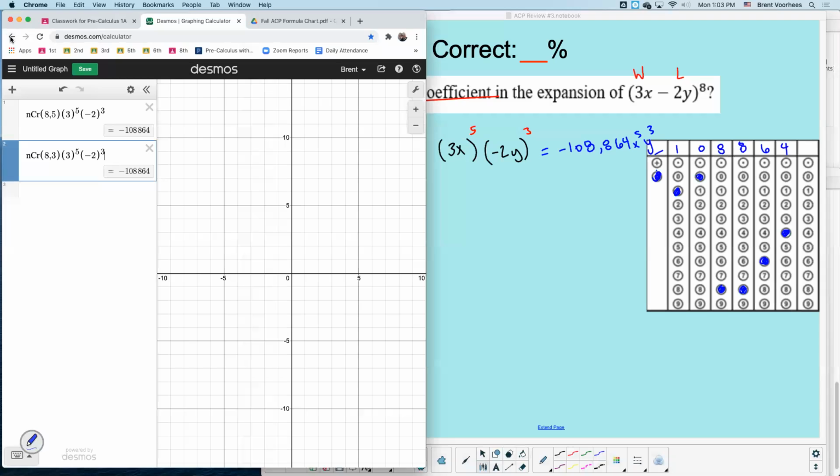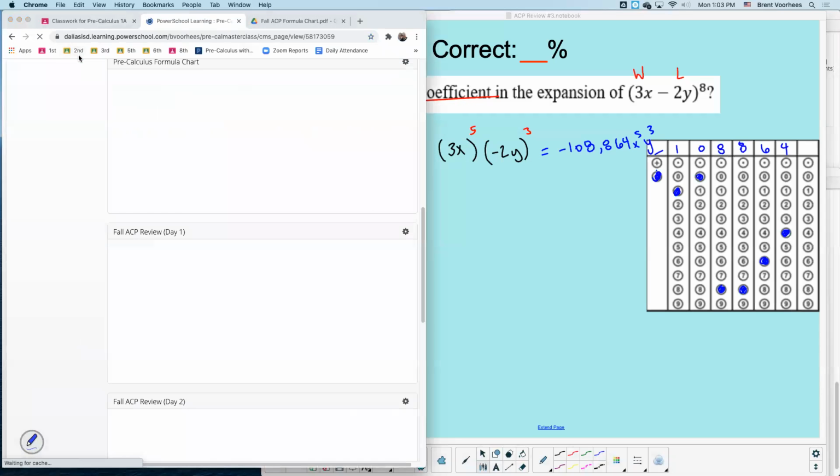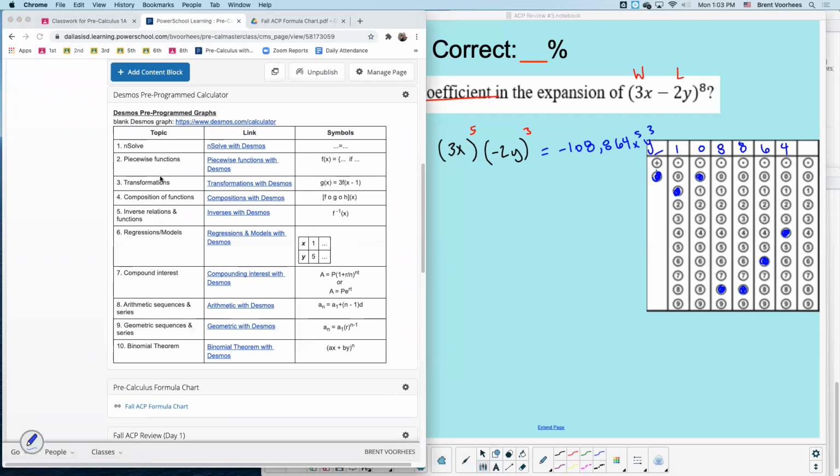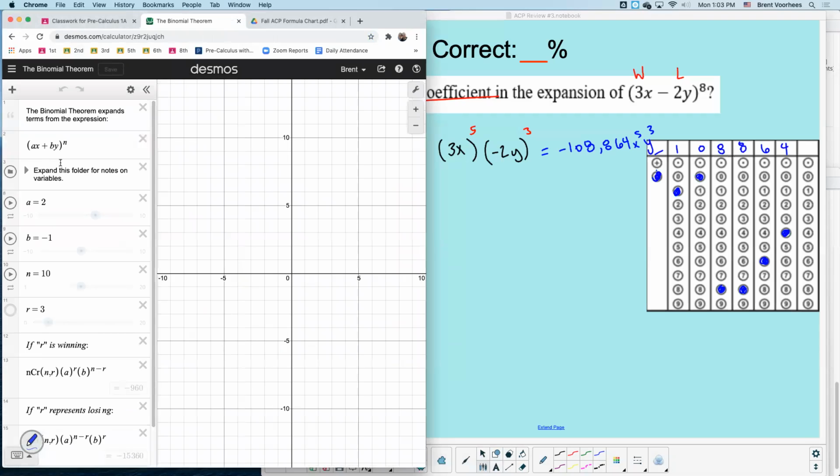I did create a calculator for this. If you come over here, binomial theorem, it's the last thing we covered before we started our ACP review and took those tests. In this one, I already have it programmed. So all you have to do is plug in your numbers as you go. The number in front of x is 3 in this problem. The b is negative 2. That's what's in front of the y. The n was 8.